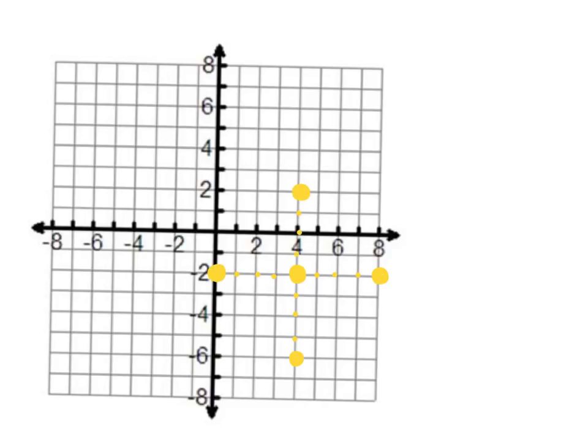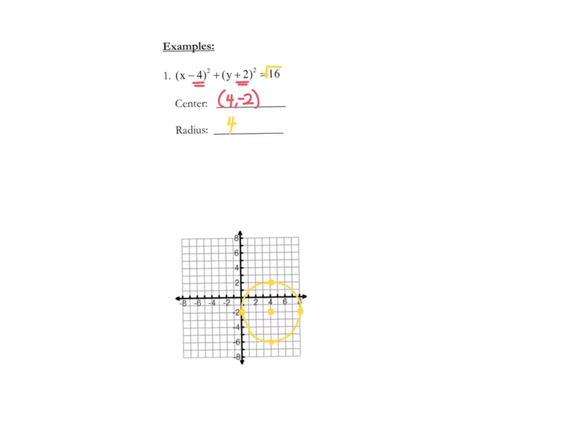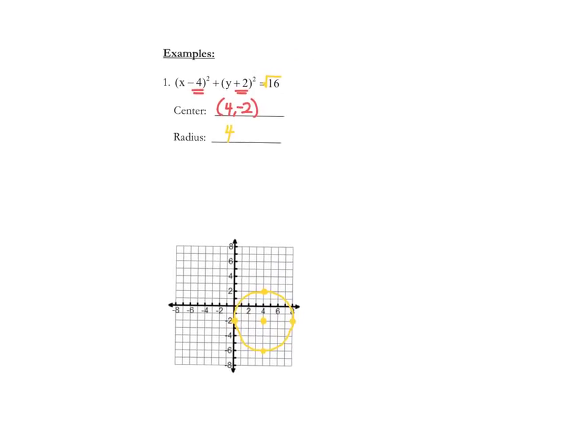I'm working with a different app, so I'm not going to erase those. Well, maybe I can. Yeah. 4 spaces each way. And now I'm just going to draw my beautiful circle. All right, there it is, guys. First example done. Let's go on to example 2.